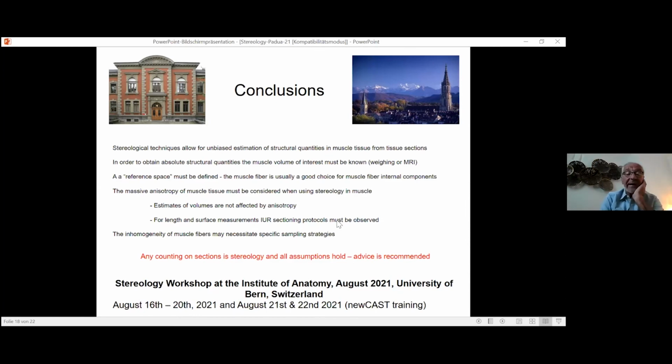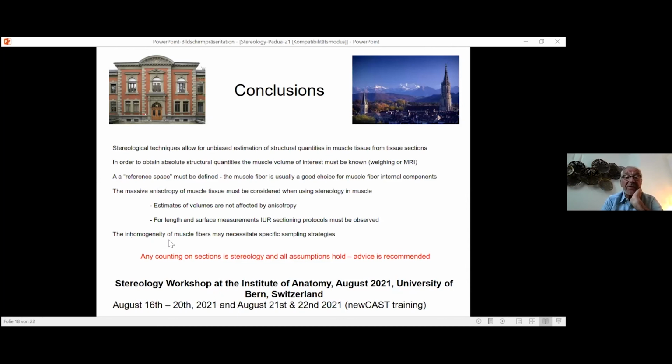The massive anisotropy of muscle tissue must be considered. Also, for volumes it doesn't matter, but for lengths and surfaces it does matter indeed, and you need IUR sectioning protocols to obtain correct estimates of structural quantities.